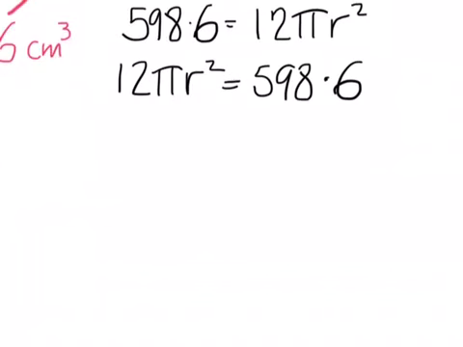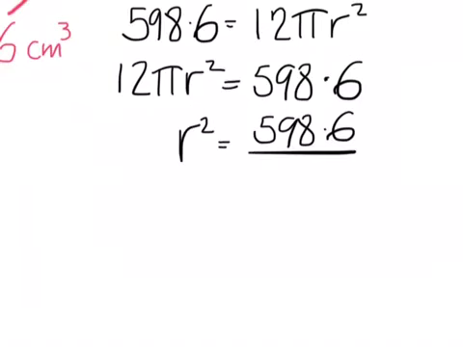So what we can do now is take the 12 pi, which is multiplying the r squared, move it on to the other side, which means it will change to divide, which gives us r squared equals 598.6 divided by 12 pi.